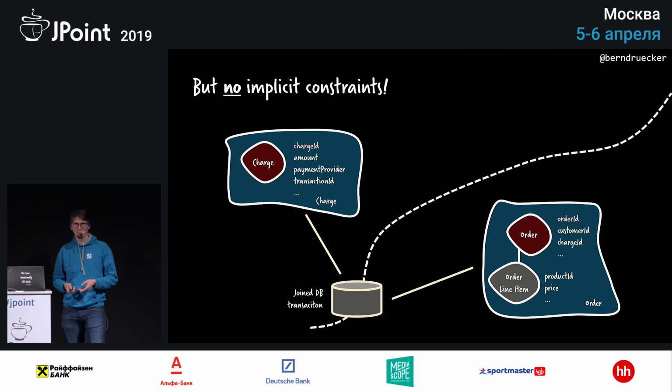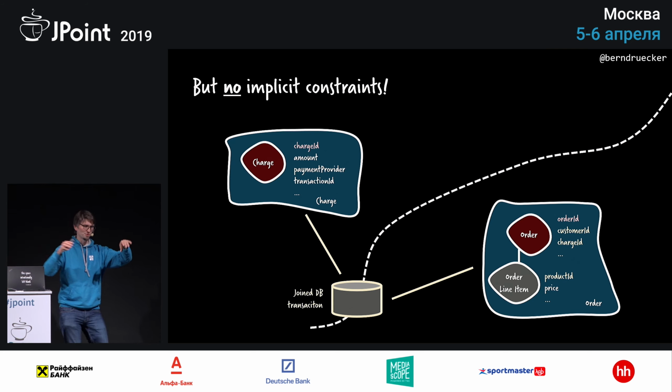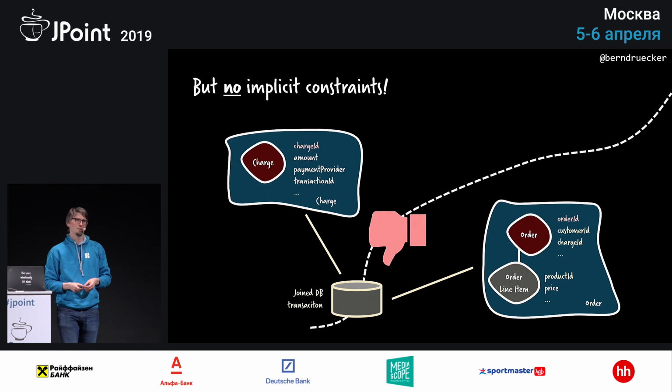But what I see happening at a lot of customers is that they do these kinds of aggregates or different microservices, for example, but then they use a shared database. And they say, yeah, we want to keep it that way because we now can do ACID transactions. We can say, hey, we want to enter the charge, update the order, and then commit all or nothing. And that's quite a bad idea because now you have an implicit constraint here.